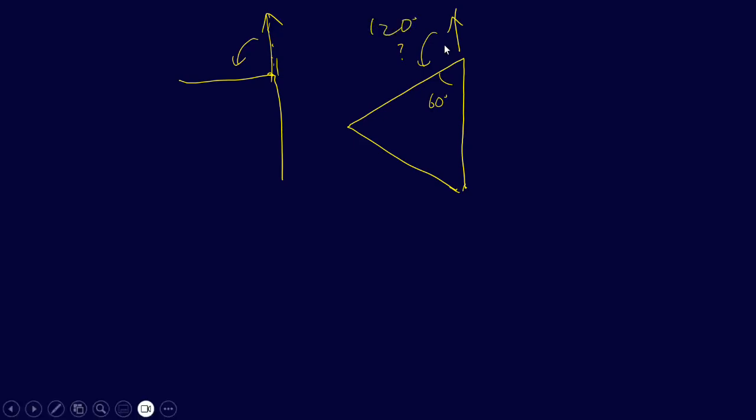In the case of a triangle, what is the degree to turn? As you might know, this inner angle is 60, so the turn should be 120, right? And then we also need to loop 3 times to draw a triangle.